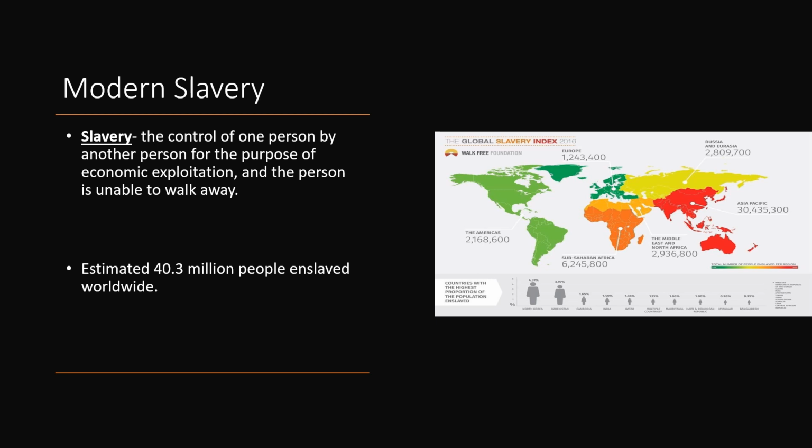The 40.3 million is the latest estimate from the International Labor Organization, and although the Human Slavery Index is one of the most cited, it does have some significant methodological problems that likely overestimate the total number of people enslaved. However, it is a safe bet to say that the number of those enslaved is increasing from years gone by.